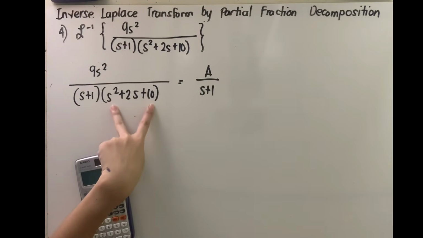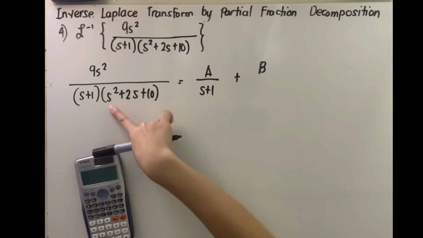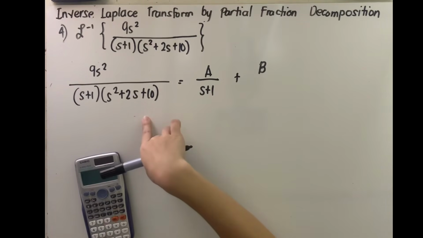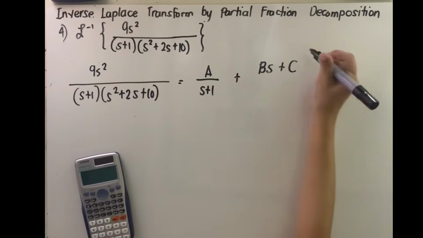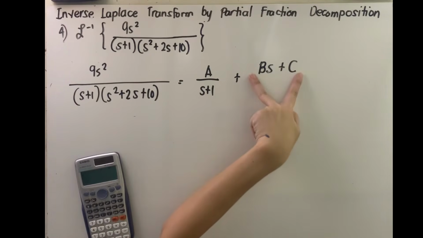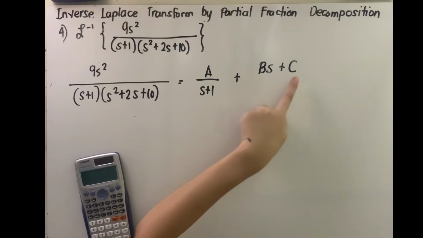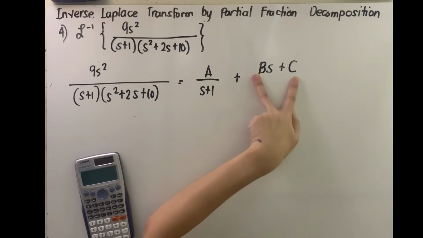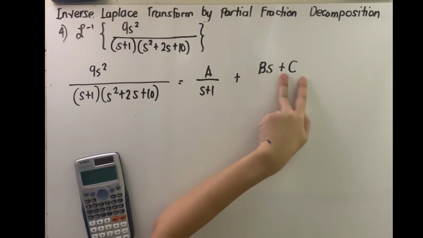But if your factor is quadratic, that would be in the form b times the variable. Our variable is s, right? So, bs plus another constant c. So, every time you have a denominator that is quadratic, this is the form of our numerator. You will have two constants, a sum of two terms, where one term is a first degree term, an s term, and the other term is a constant.